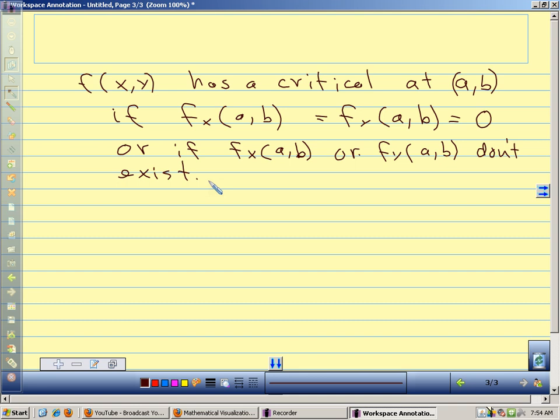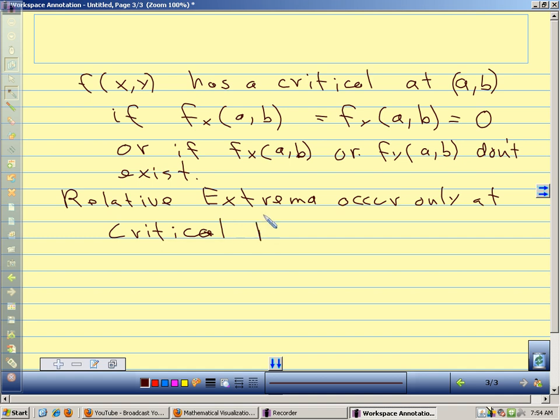We can prove, we're not going to do it, that relative extrema occur only at critical points. So that's going to be our key idea. So we're looking for our relative extrema at our critical points.